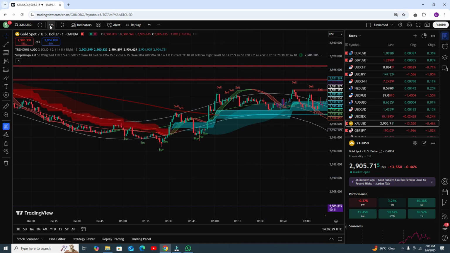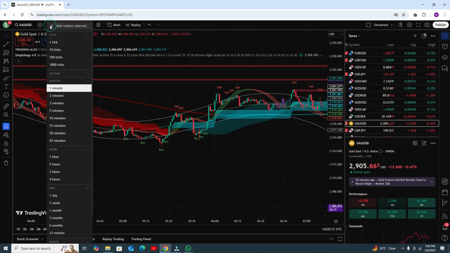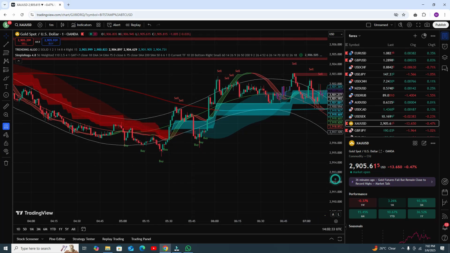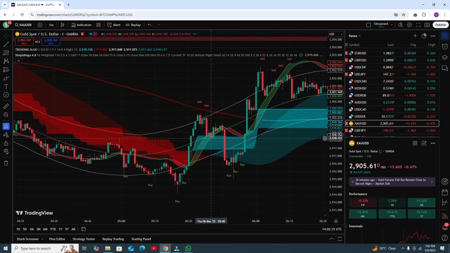Now let's see the results in other time frames, like the 5 minute time frame. Now at this condition, the trend line is red, but the trend clouds are clearly saying that it is a buy condition, so you need to follow the buy signal, not the sell signal.